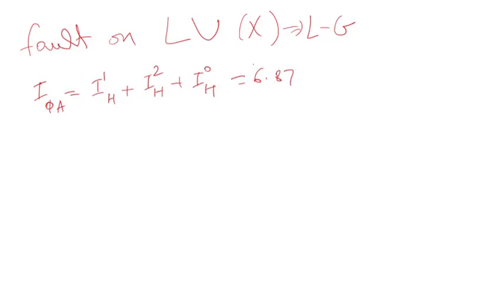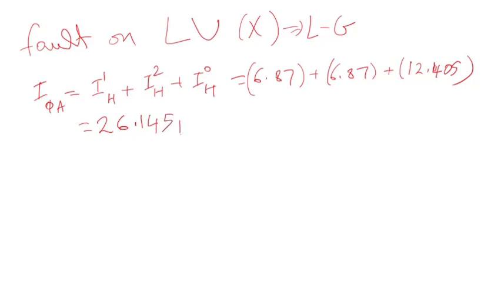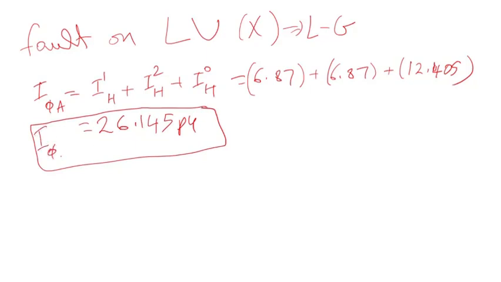6.87 plus 6.87 plus 12.405, which is 26.145 per unit. So that's in per unit. That is the current that will flow through phase A of the high voltage winding of the transformer.